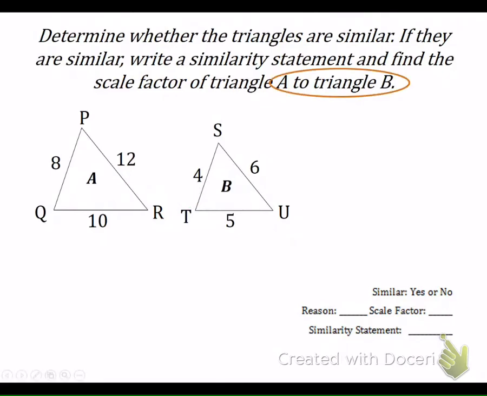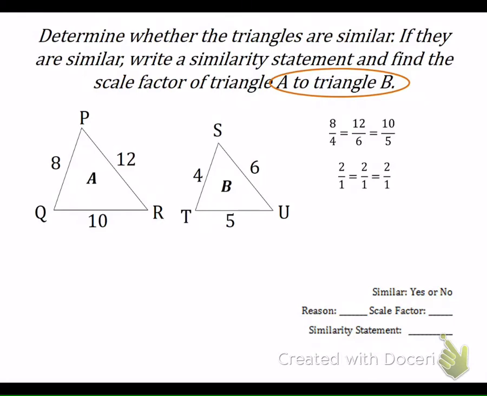So if I set up these ratios A to B, the 8 goes with the 4, so 8 over 4. The 12 goes with the 6, so 12 over 6. The 10 goes with the 5, so 10 over 5. When I reduce those, they all reduce to the same thing. So all the sides are proportional.